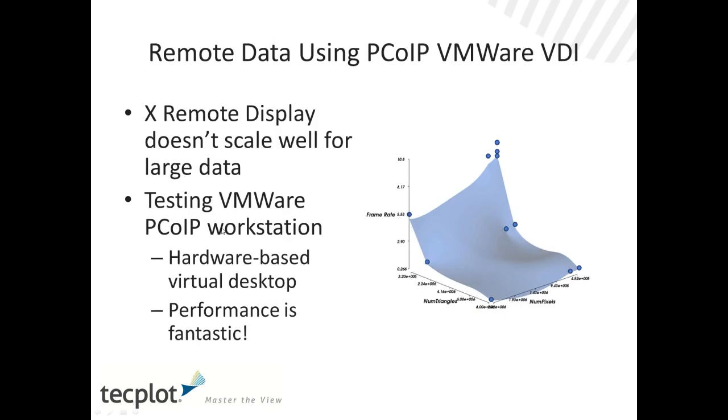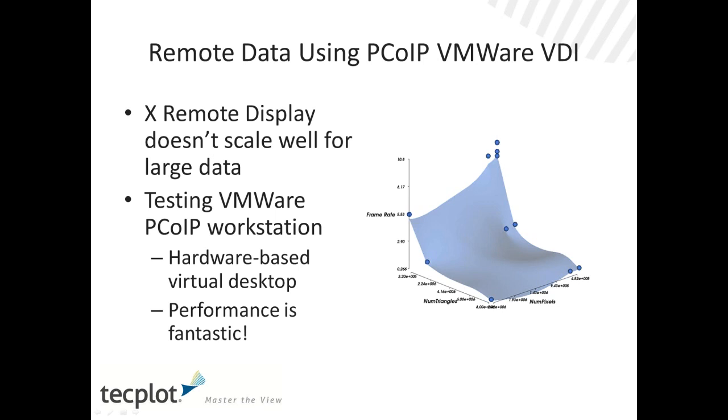So in that context, maybe we ought to talk about that a little bit. Sure. One of the things we've been looking at is, everyone knows we don't have a client-server application. But the truth is, other companies have been working on client-server for us for some time now. And one of them is VMware.